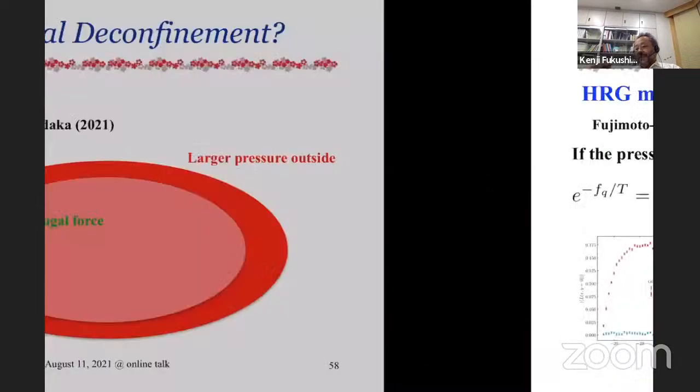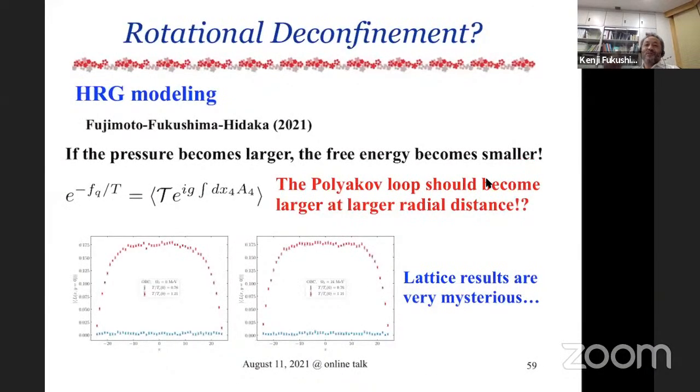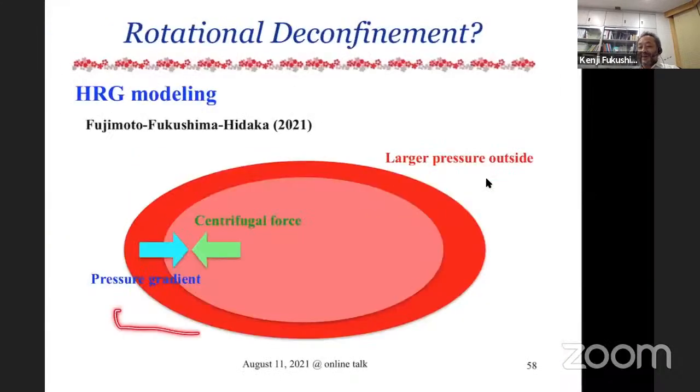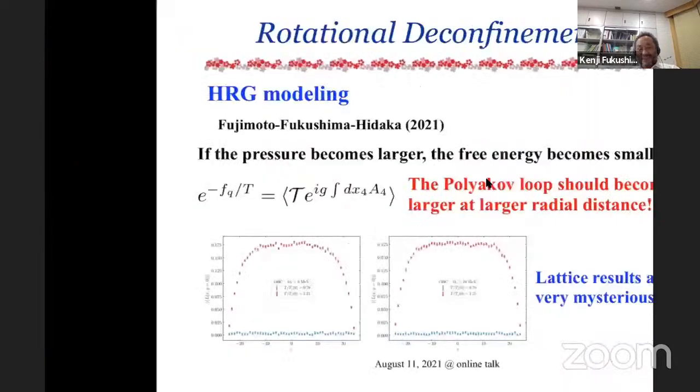The larger pressure means smaller free energy. And as I told you, the Polyakov loop is given by this free energy gain in the exponential. The smaller free energy means larger Polyakov loop. But the lattice people found a smaller Polyakov loop. So this very simple and natural explanation goes in the completely opposite direction to the lattice observation.